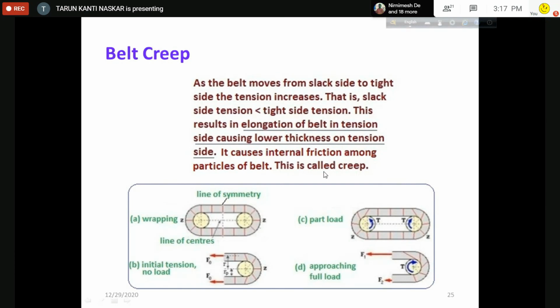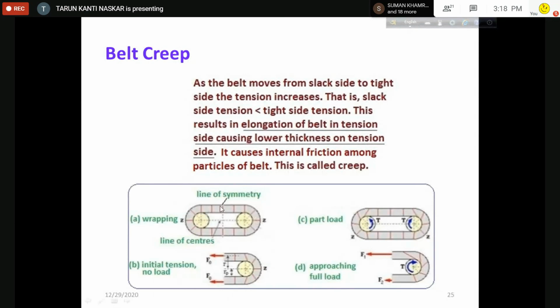Okay, this thing happens with a frequency. So this causes creep of the belt. That means there is tension, elongation, and there is compression, and it happens at a frequency, and there is some internal friction. This causes internal friction among the particles of the belt. This is called creep. Okay, and this damages the belt.